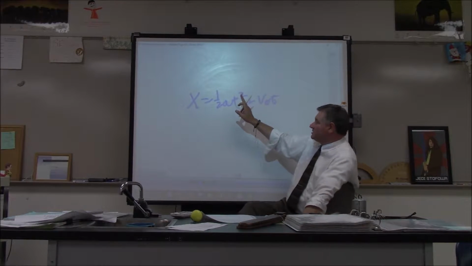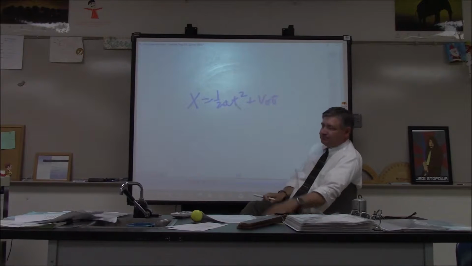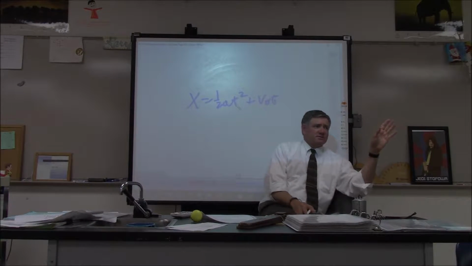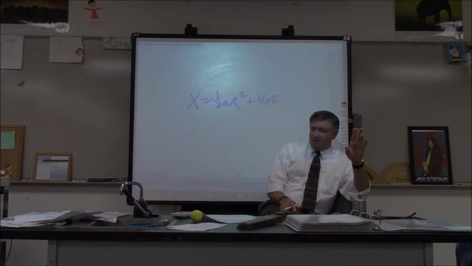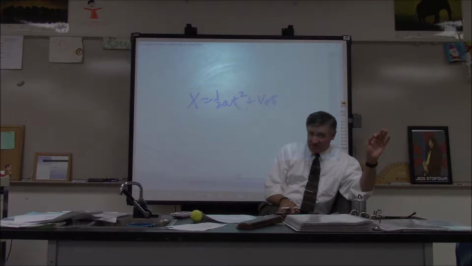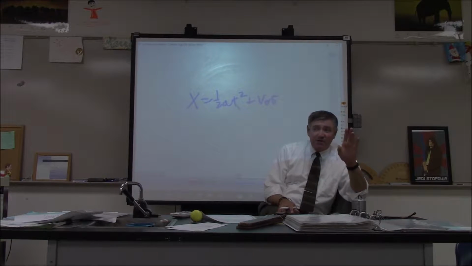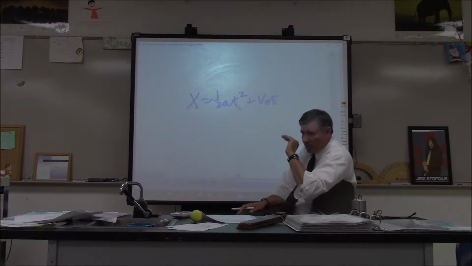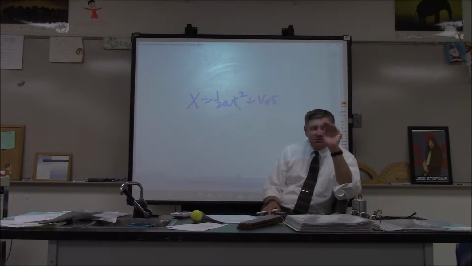Here's your acceleration, times time squared, plus v naught times time. So what I might do is I'll say, hey, just prove that this equation is valid using dimensional analysis. I promise you, you're going to have to do dimensional analysis tomorrow. I promise you, if you hand in your test and you haven't done it, whoa, don't hand in the test. Okay? So, we're going to do dimensional analysis. What's the first step?